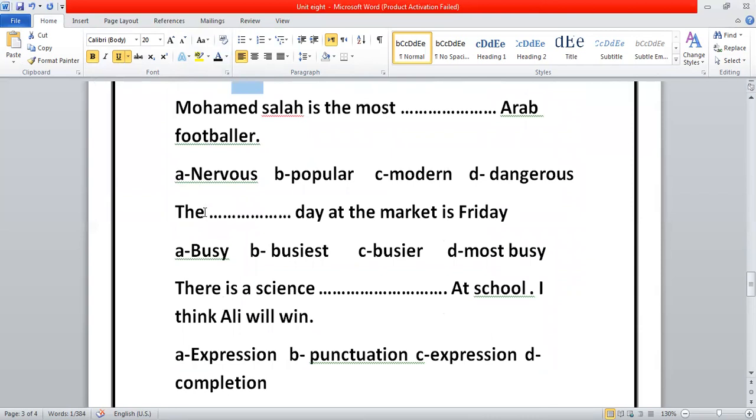Mohamed Salah is the most popular Arab footballer. What is the right answer? Nervous, popular, modern, dangerous. Yes, the right answer is popular. The most popular Arab footballer.